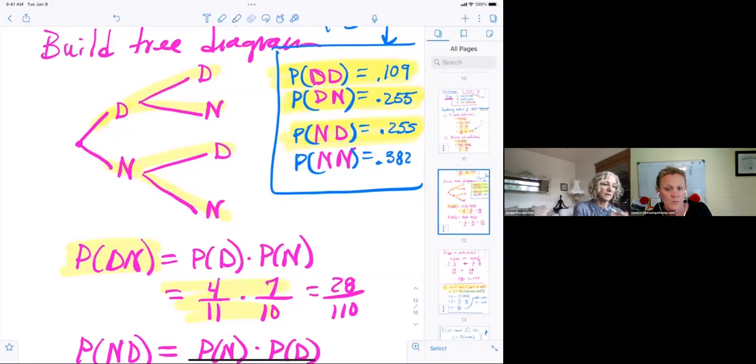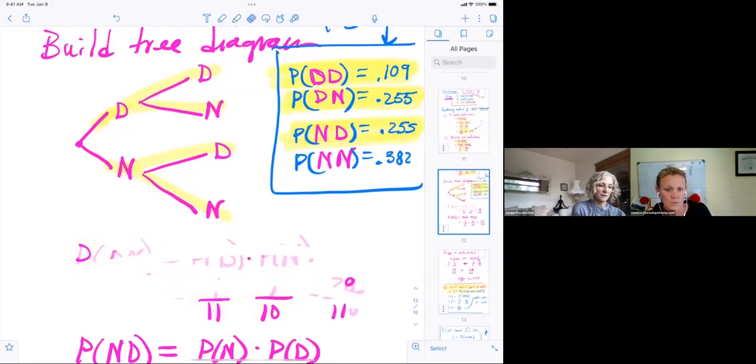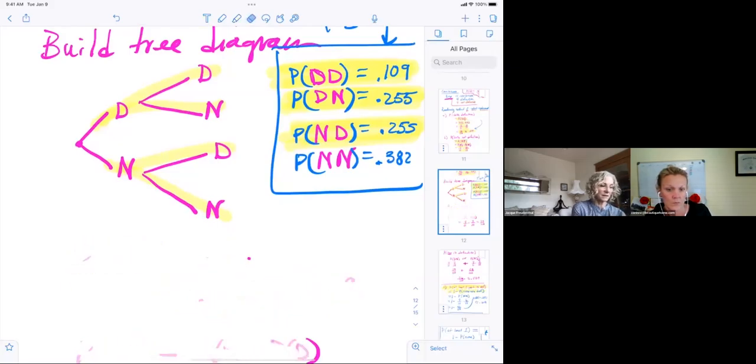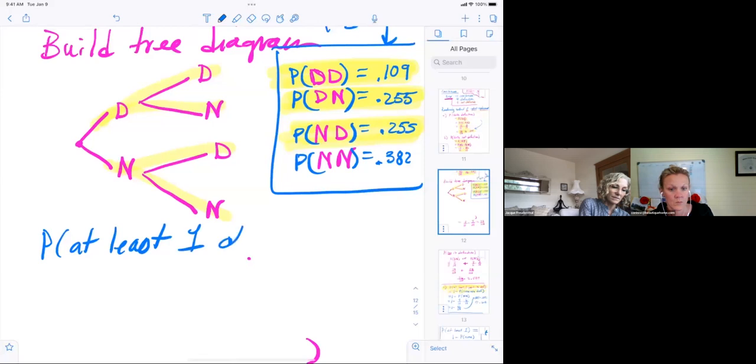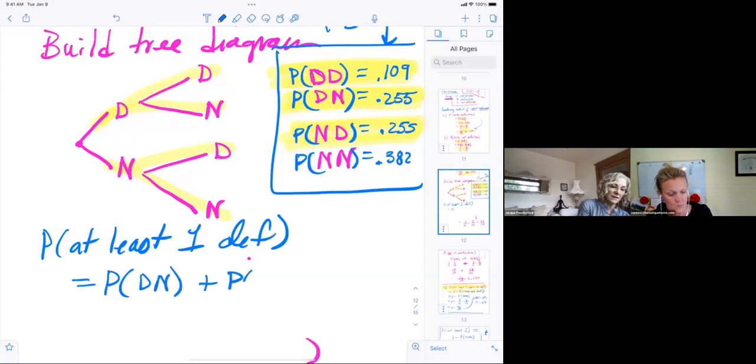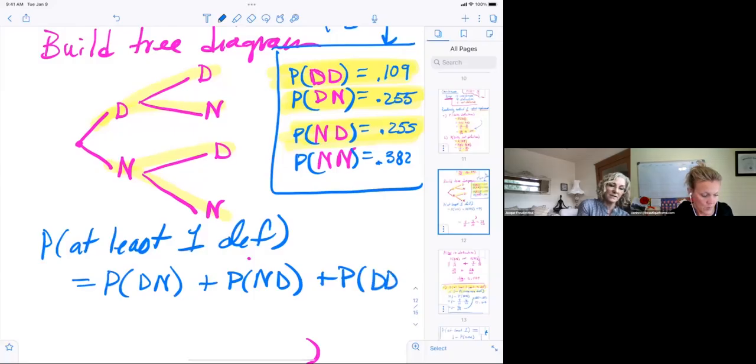Let me just erase, give myself a little more space here. So the probability at least one defective is the probability that you have the second one defective, or the first one defective, or both of them defective.